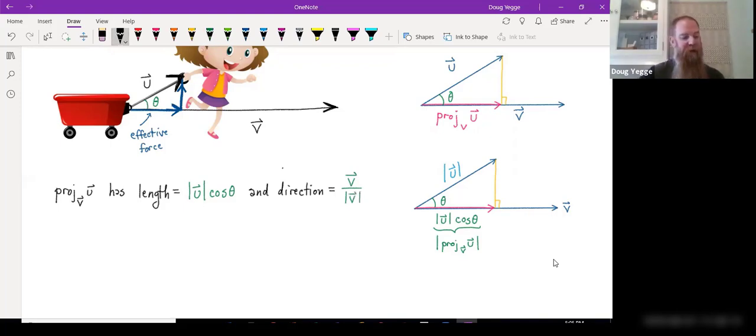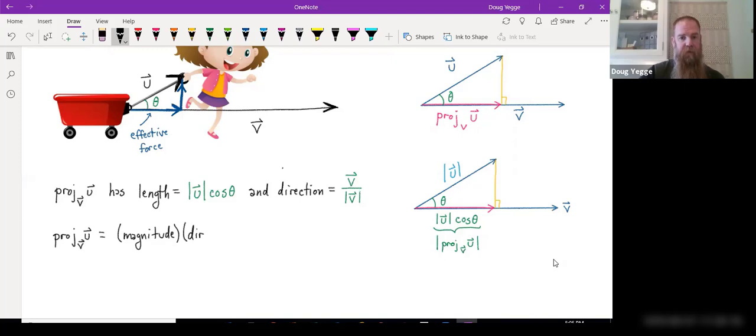So the projection of u onto v can be written as its length, or its magnitude, times its direction.